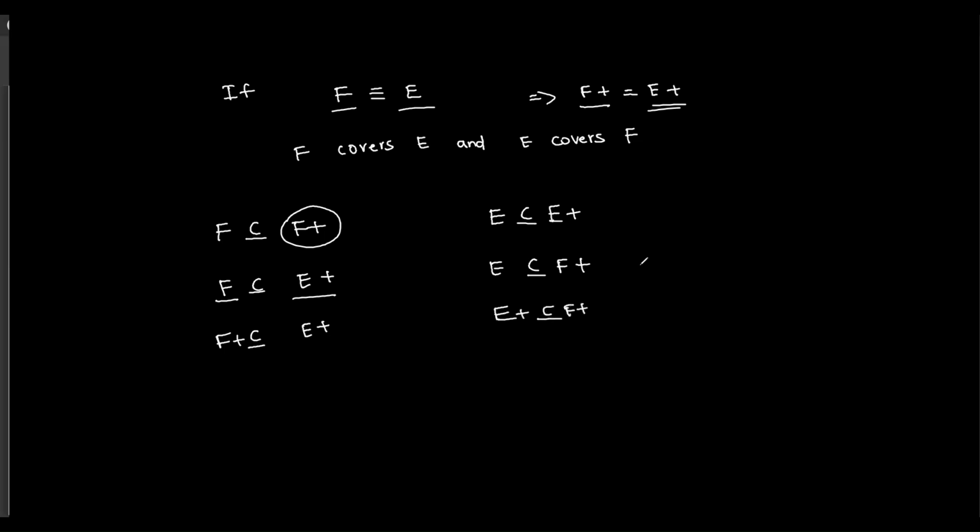In this case, F covers E. In this case, E covers F. This is a fun relationship that we can derive. What is it? If F is equivalent to E, you can say F covers E and vice versa.